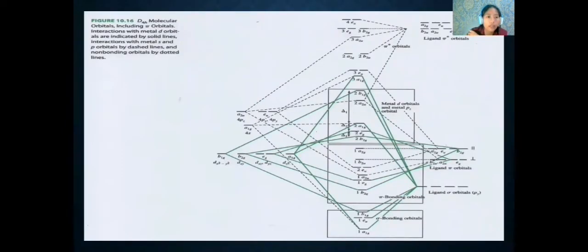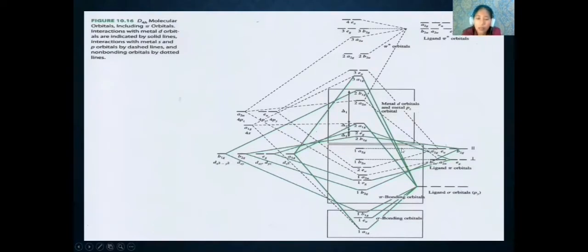So for this figure, these are the D4h molecular orbitals. This includes the pi orbital interactions with metal d orbitals that are indicated by solid lines, interactions with s and p orbitals by dashed lines, and non-bonding orbitals by dotted lines.